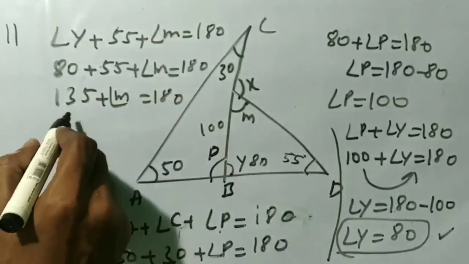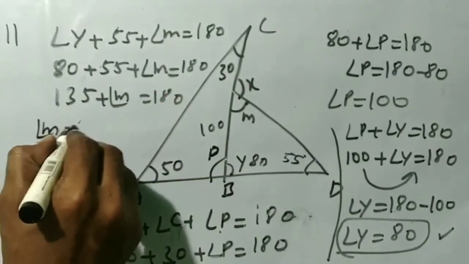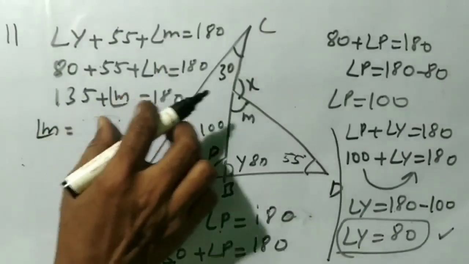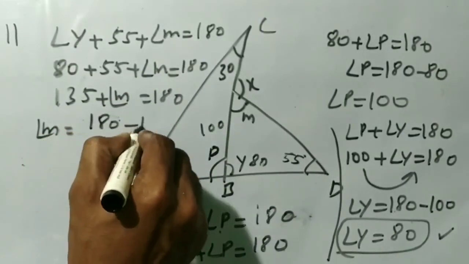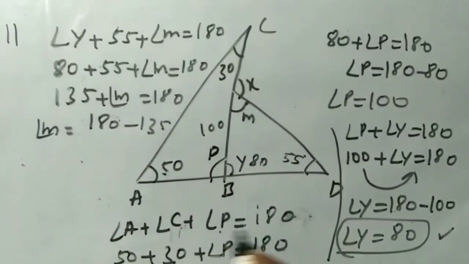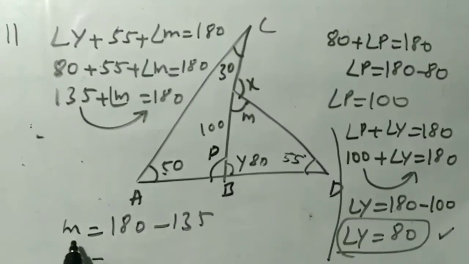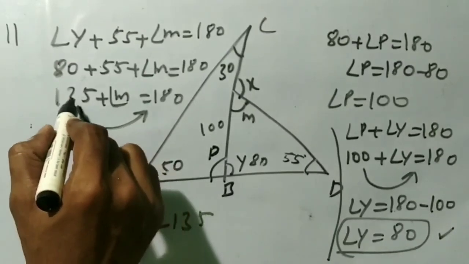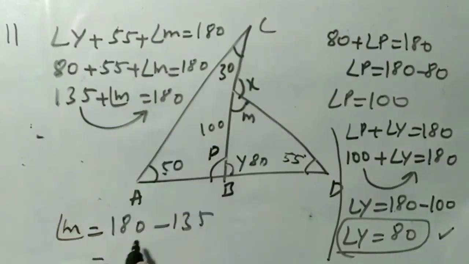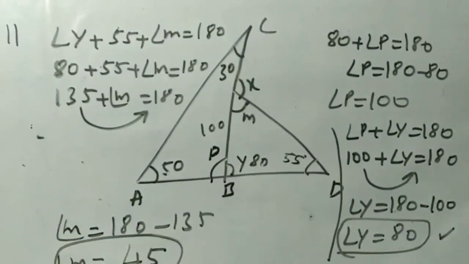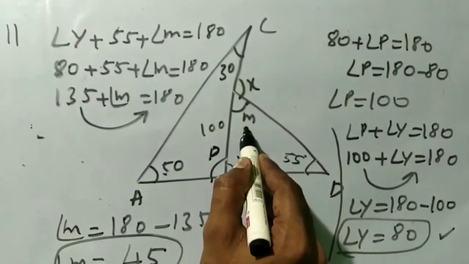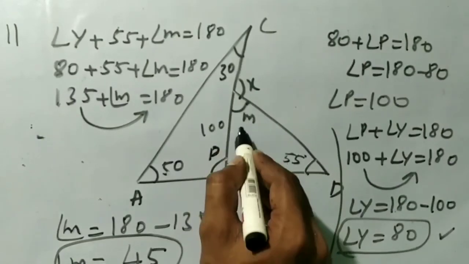So again, angle M is equal to 180 minus 135. I will erase this. Angle M is equal to 135 going to the other side: 180 minus 135, here we got angle M is equal to 45, but not X. Here there is 45.